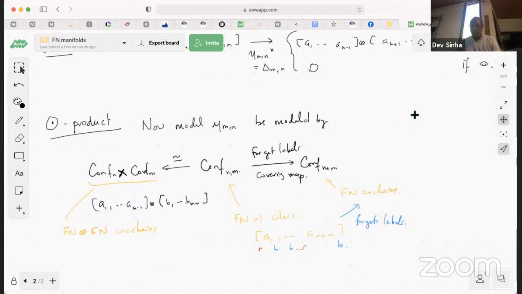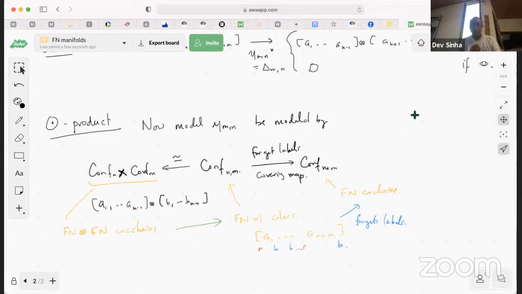So we want to do this composite. We want to understand, I'll put it in green, this natural map, because the transfer is just going to forget labels. So we have our Fox-Neuwirth cochain, the tensor product of Fox-Neuwirth cochains, in other words, a Fox-Neuwirth cochain over each configuration space. We want to understand its transfer product into n plus m points.